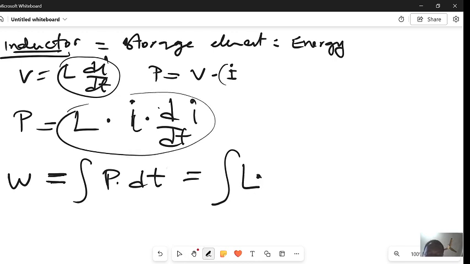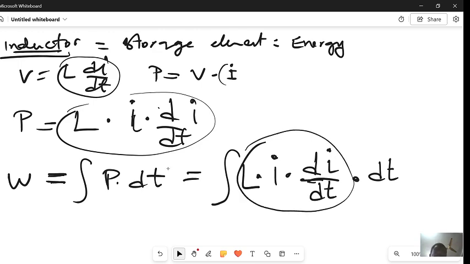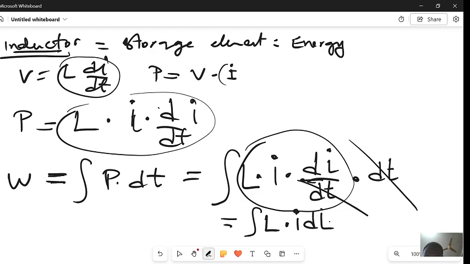We'll have L multiplied by I multiplied by di/dt multiplied by dt. All of this is my power P. So this dt and this dt cancel. Finally I will have the integration of L I di.